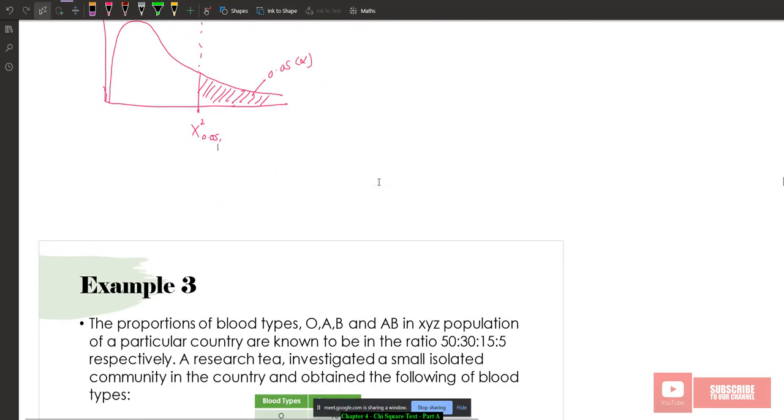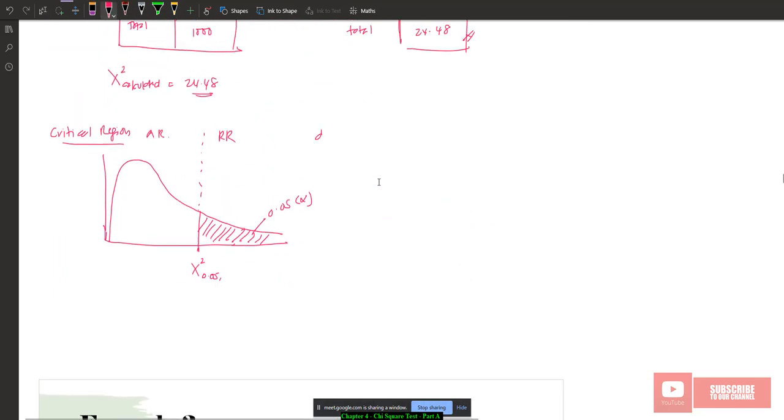Degree of freedom is equal to k minus 1, equal to 4 minus 1. So 4 minus 1 equal to 3. So this is going to be 3.